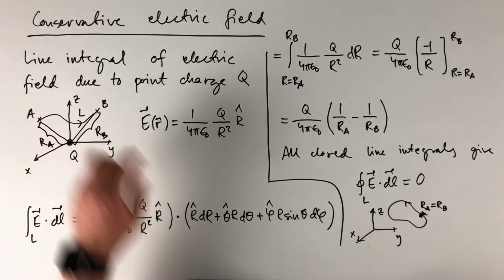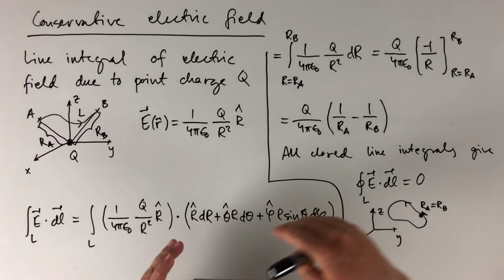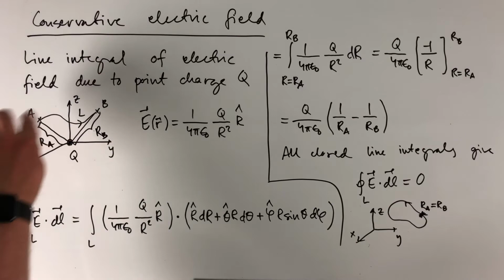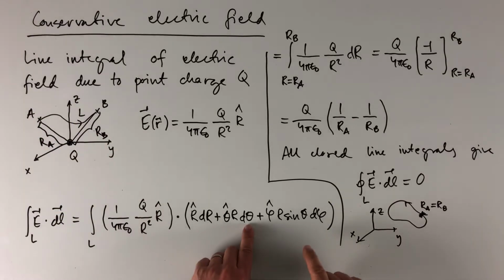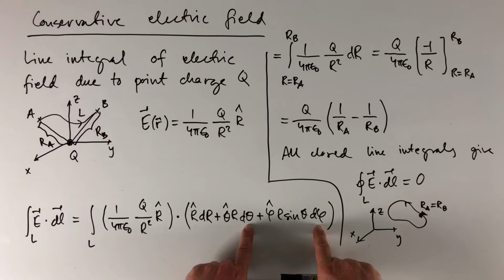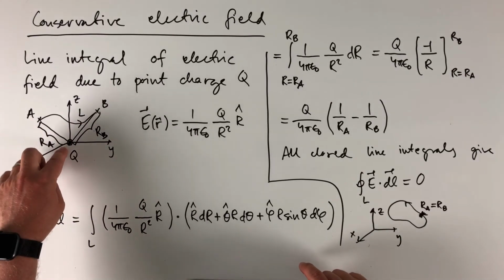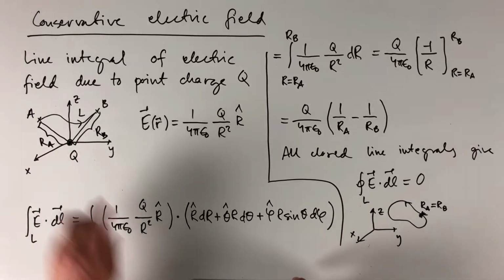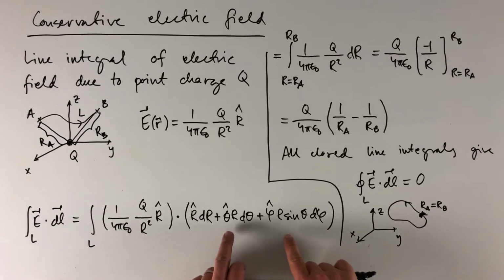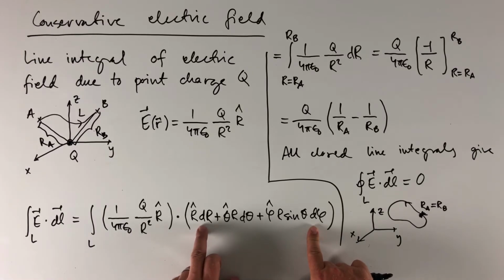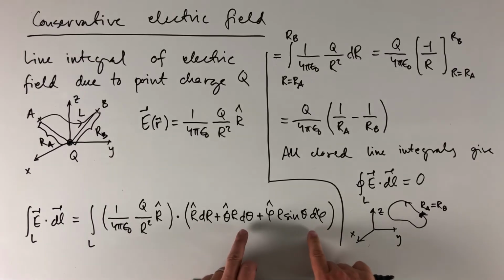But if this curve would stay on a spherical surface here, well, then on the spherical surface r doesn't change, only theta and phi change. And for a curve that stays on a spherical surface with its center coinciding with a point charge, there is no variation in the radial coordinate, so the dr becomes 0.